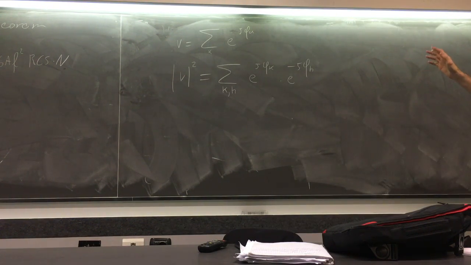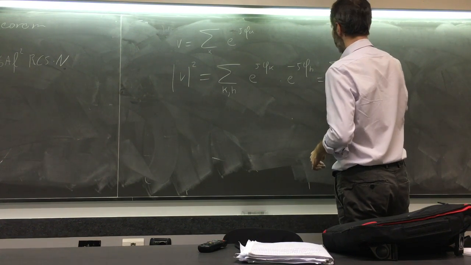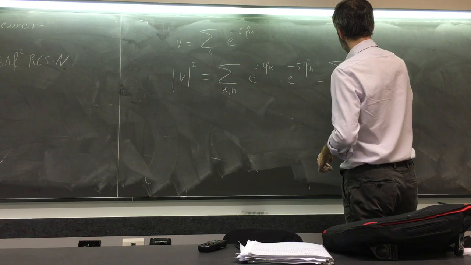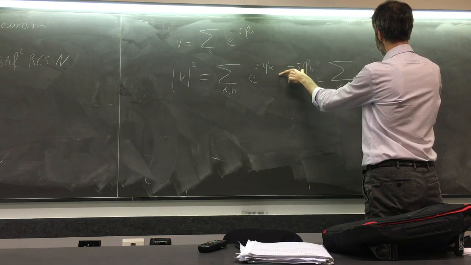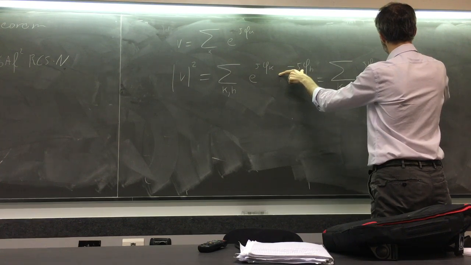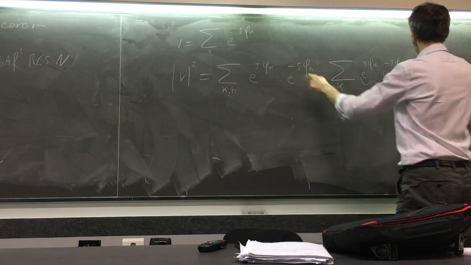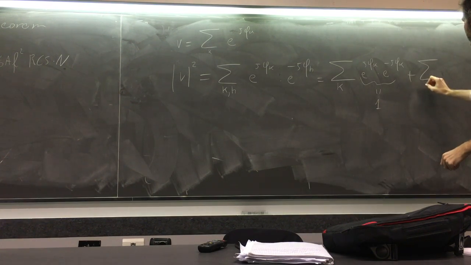And this is something that you can write as the sum of the terms with the same index, which is 1, plus the sum of the terms with different indexes.